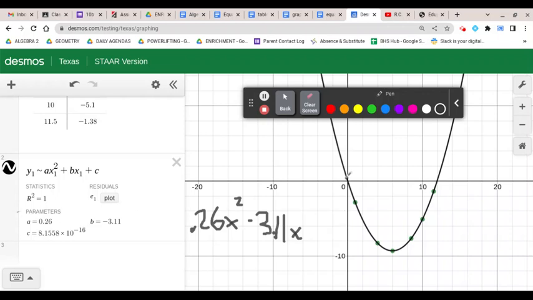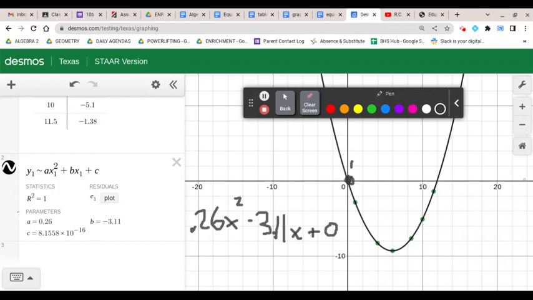Where's our y-intercept? It's at the 0. So it may not be totally exact, but we can see that our C value is our y-intercept right there. It's basically 0, so it should give us our answer choice of H. Our C value is a very, very small number that's basically 0.